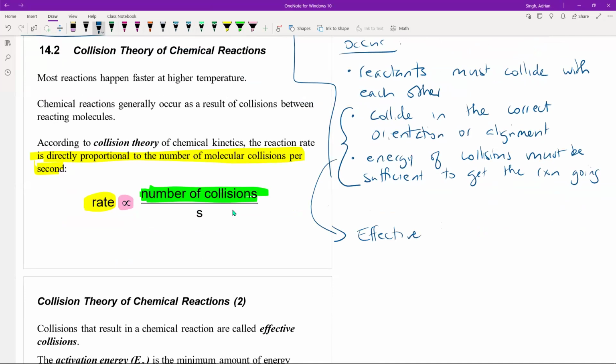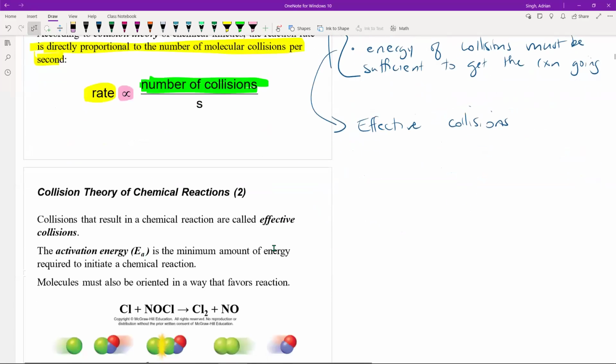So when your reactants collide, they may or may not get the reaction going. Those are ineffective, right? So in order for the collisions to be effective, they need to be in the right orientation or alignment, and then the energy of that collision needs to be sufficient to get the reaction going. So those are effective collisions that are required. So collisions that result in a chemical reaction are known as effective collisions.